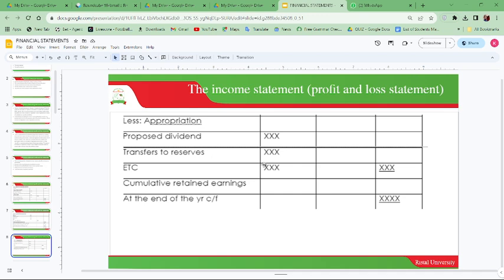After adding, you come up with the total appropriation. Then cumulative retained earnings. So at the end of the year, you'll be able to know whether it is a net profit or a net loss.